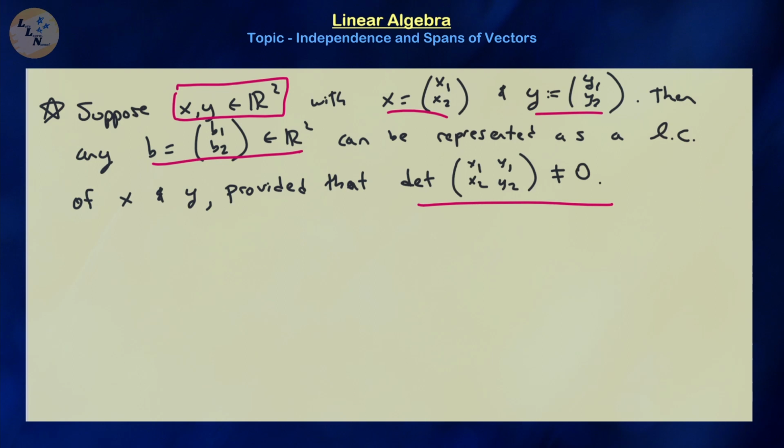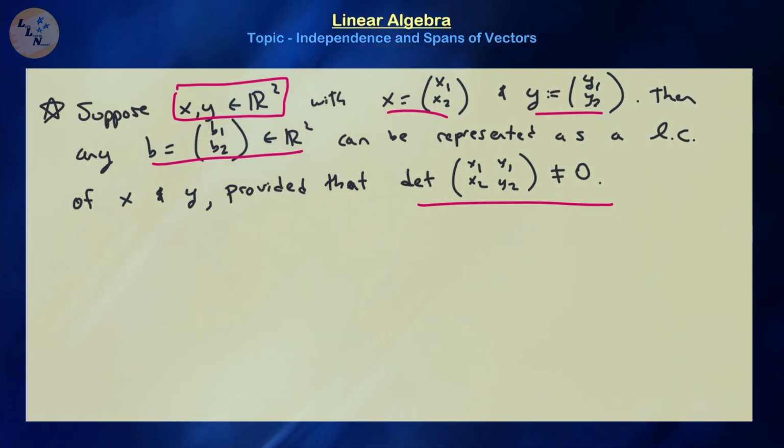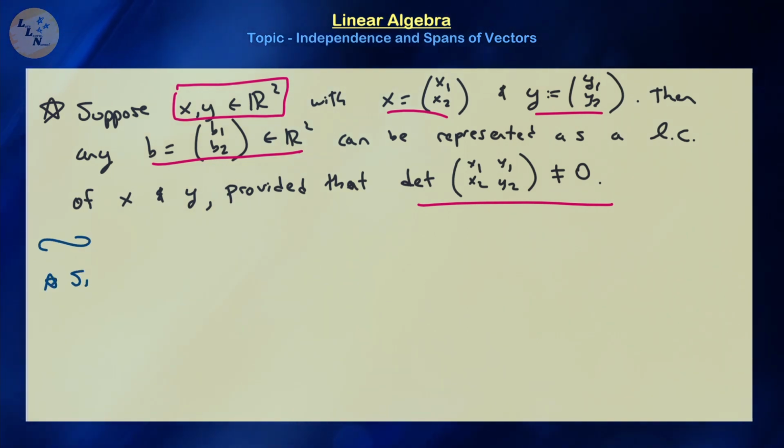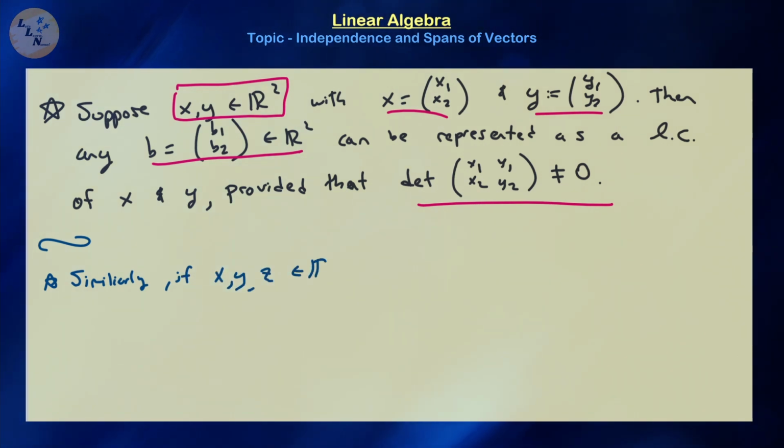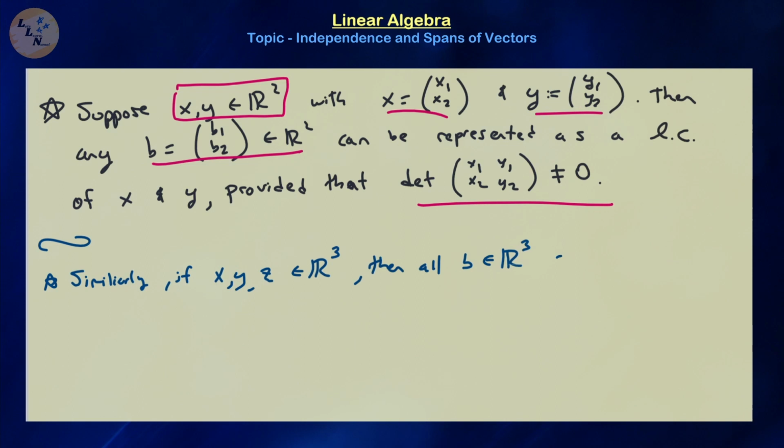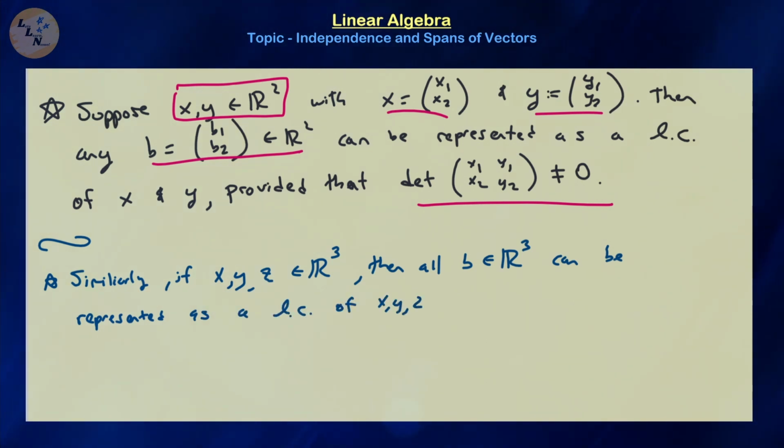So what if we extend the dimension of the space that we're working in? Instead of R2, what about R3? So let's just write this down. Similarly, if x, y, and z all belong to R3, then all other b in R3 can be represented as a linear combination of x, y, z, provided what is true?